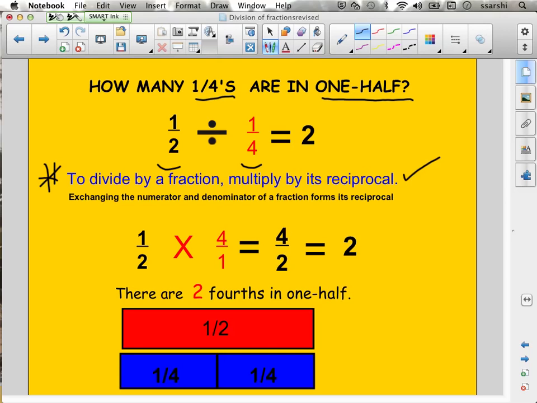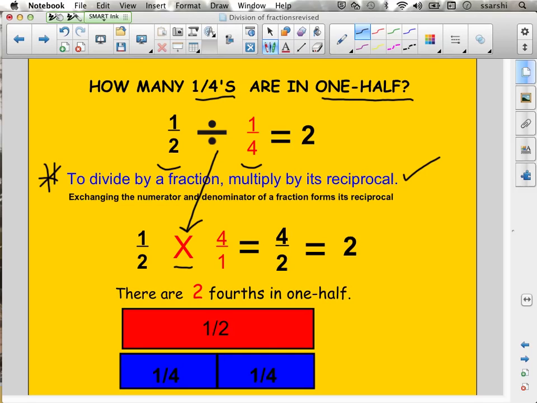So here I've changed it from a division problem to a multiplication problem. Instead of 1/2 divided by a quarter, it's now 1/2 times 4/1, which is the reciprocal of 1/4. Knowing what we know about multiplying fractions, you multiply across numerators to get a 4, across denominators to get a 2.